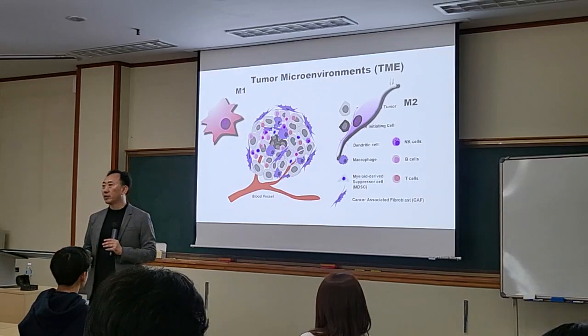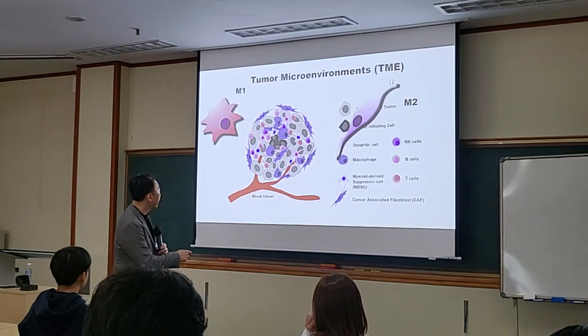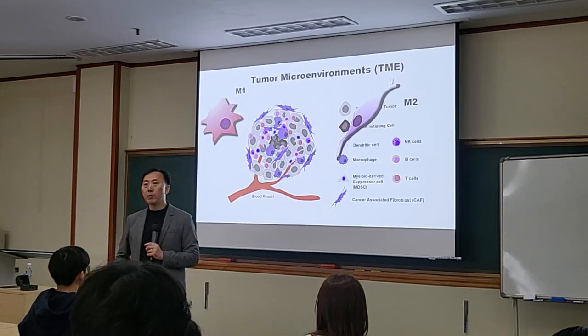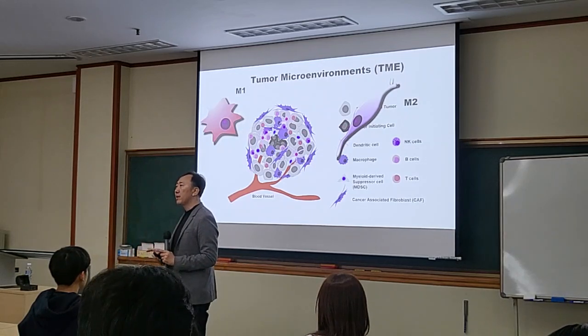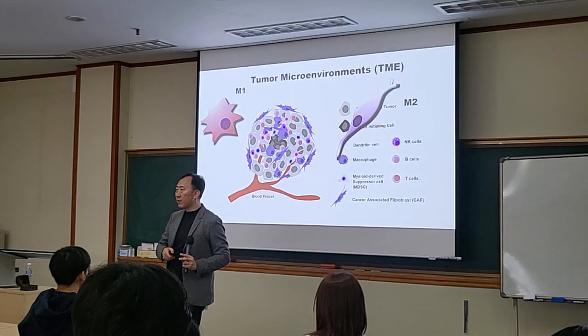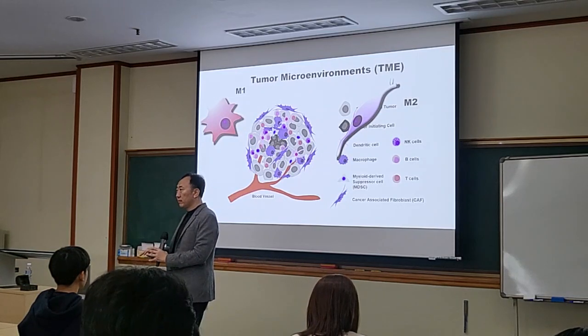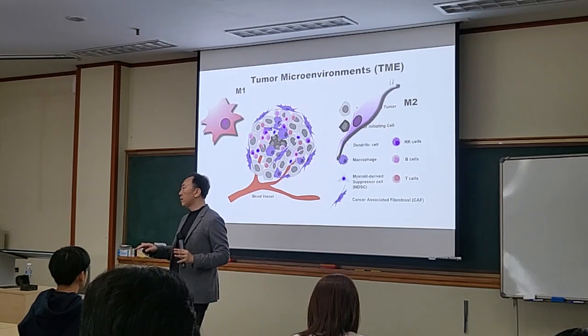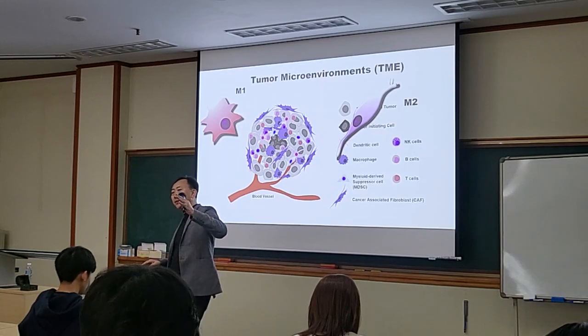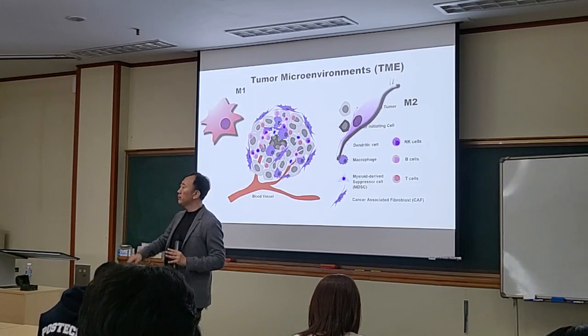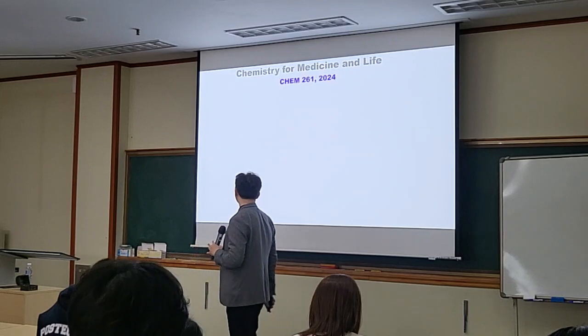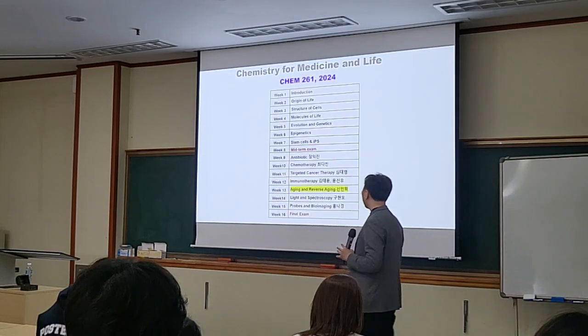So we need to understand the rationale behind this. Our body always has a balance between progressive attacking and suppressing. The balance is quite important, and sometimes we need to boost one, sometimes the other. So this is the end of immunotherapy.